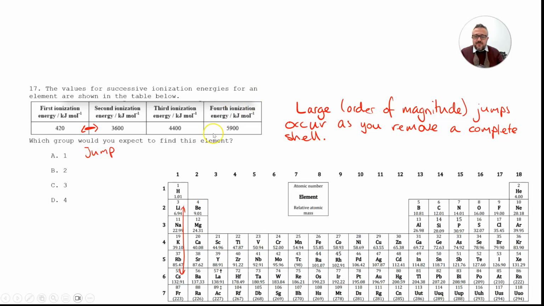If it was this one, you would only have 2 more ionization energies. If it was this one, you would have no more ionization energies. So it's only from here onwards that you have more to remove, which means there has to be 1.